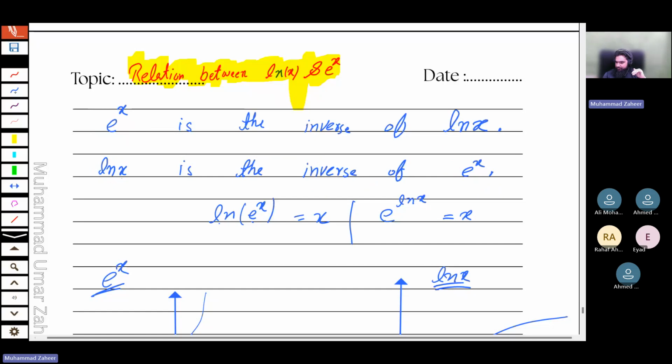For example, if you have e raised to power x and you want to remove it, you have to take the natural log and the exponential will be cancelled out, and the answer will be x. In the same way, if you take the exponential of the natural log, they will be cancelled out. The answer will be x as well. So if you want to remove the natural log, you need to take the exponential. And if you want to remove the exponential, you have to take the natural log.